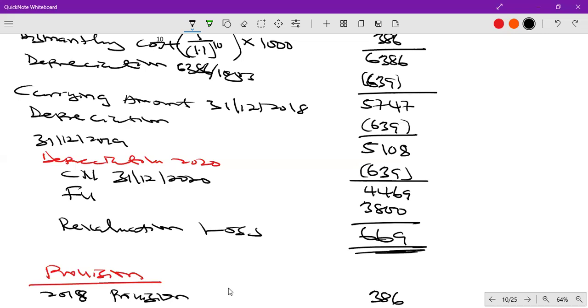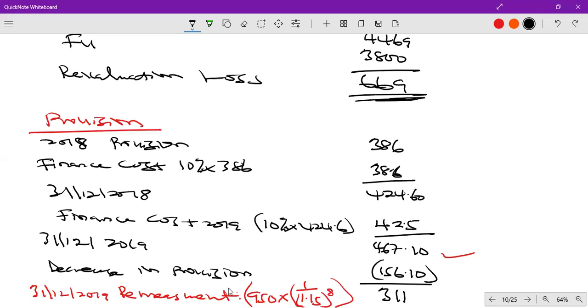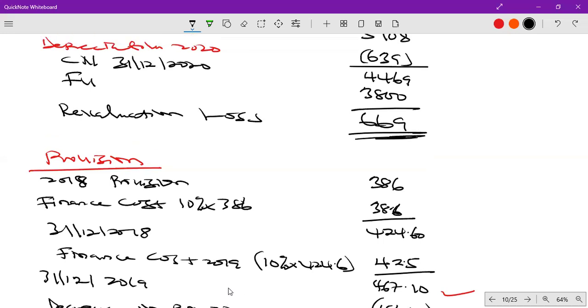We have 156.10. So we are going to debit the revaluation surplus account with this amount, and the excess of these from the 669 to the P&L.